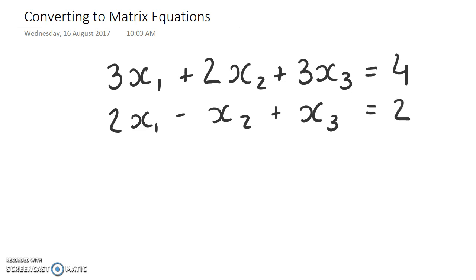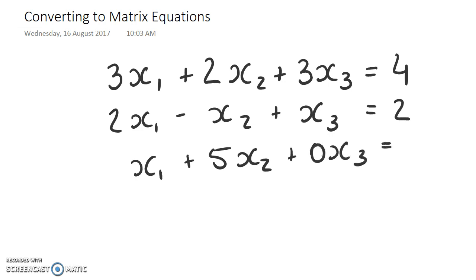And we'll have x1 plus 5x2 plus 0x3 equals 1. Now, I've just made these up on the spot and I have no idea what the solution is, but we're just working here on converting to matrix form.